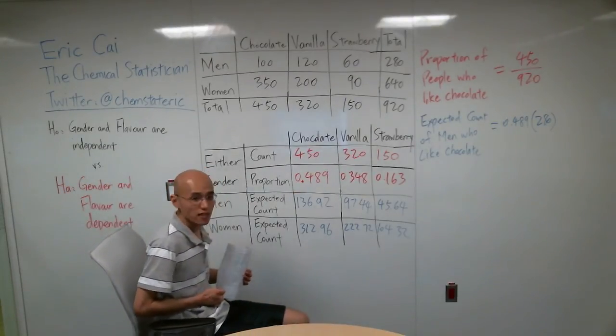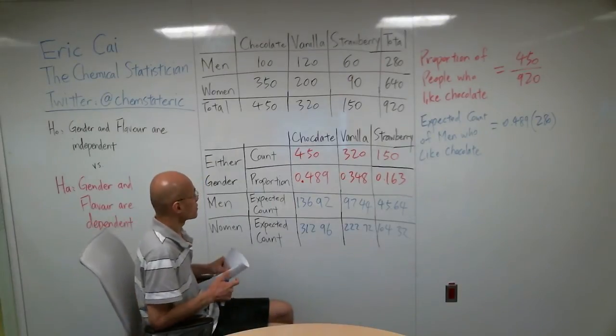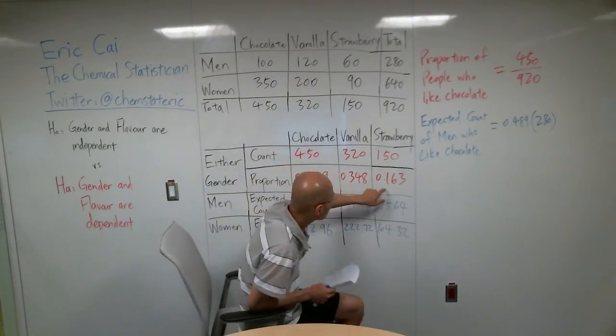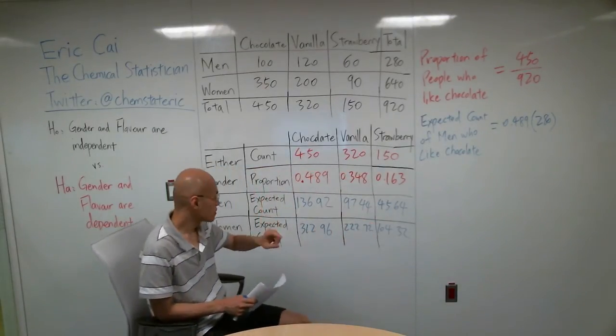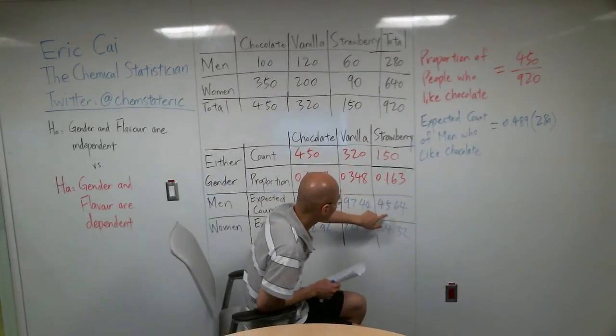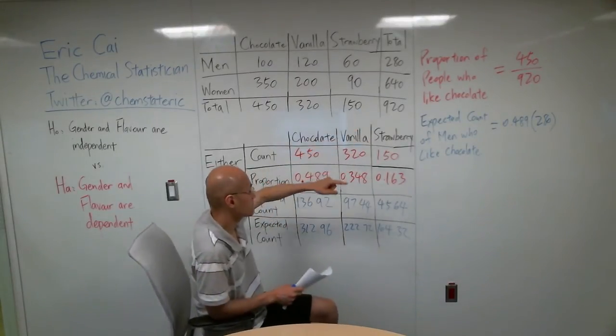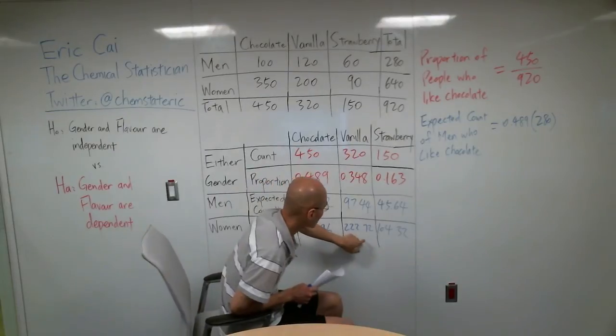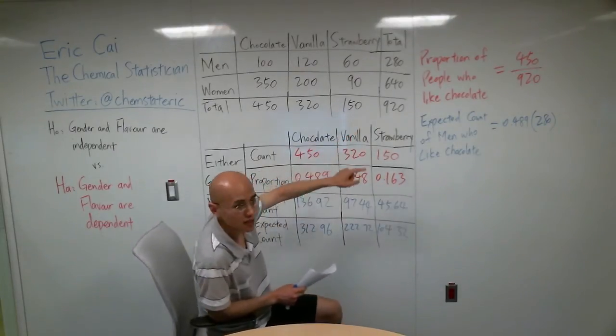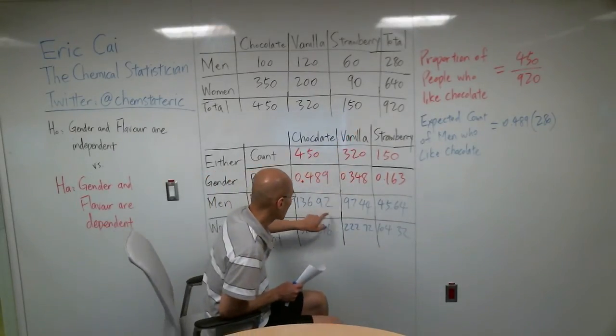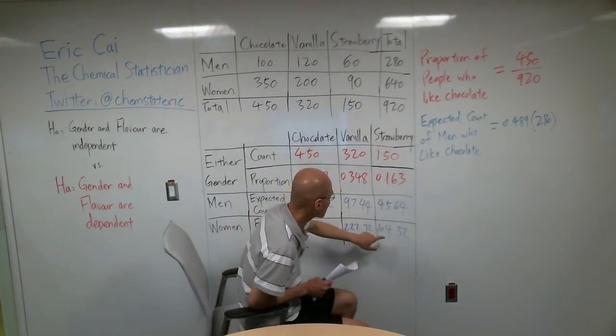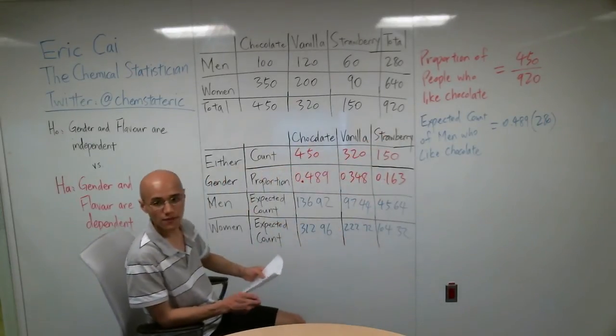As a sanity check, these three numbers should add up to 1. These three numbers should add up to 280. These three numbers should add up to 640. And these six numbers should add up to 920.